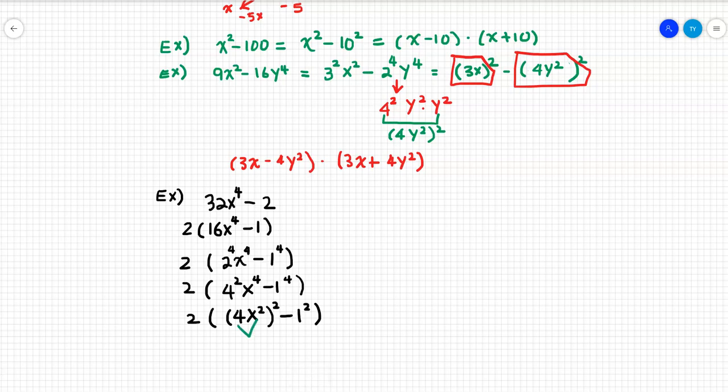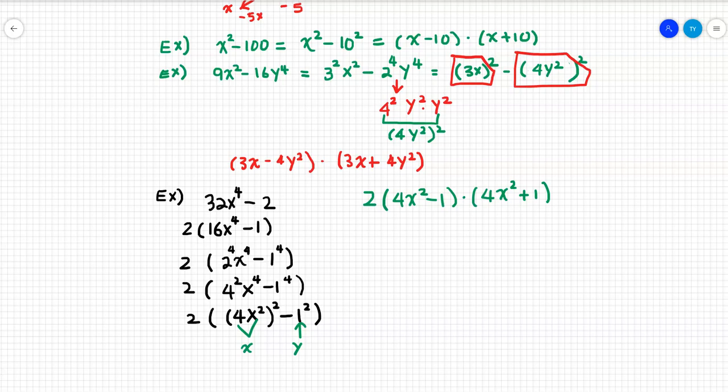This thing here is going to be your x, and the 1 is going to be your y. So if I rewrite this, you get 4x squared minus 1 times 4x squared plus 1.